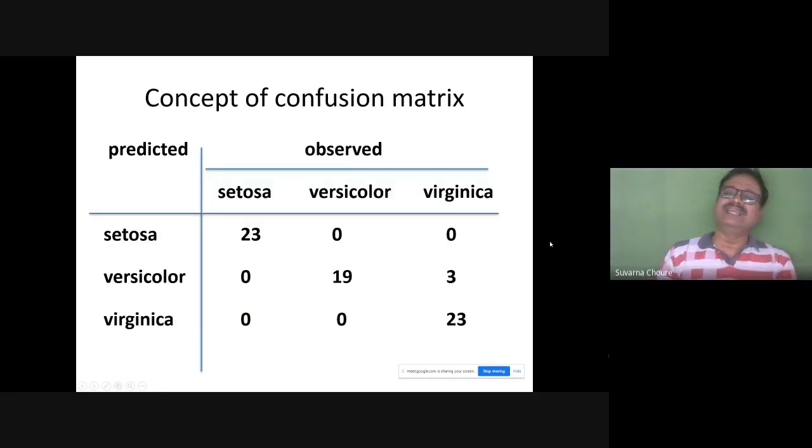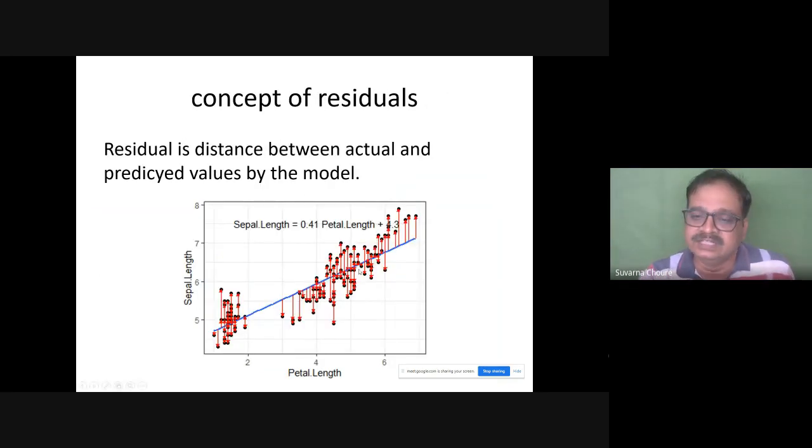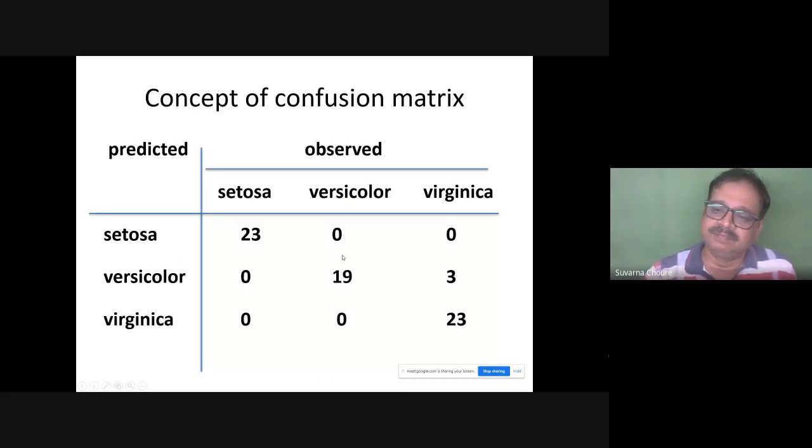And next thing is the confusion matrix. As I said here, this is the performance metric, minimization of residual. Here, performance metric for classification or clustering models is to avoid classification mistakes or clustering mistakes.